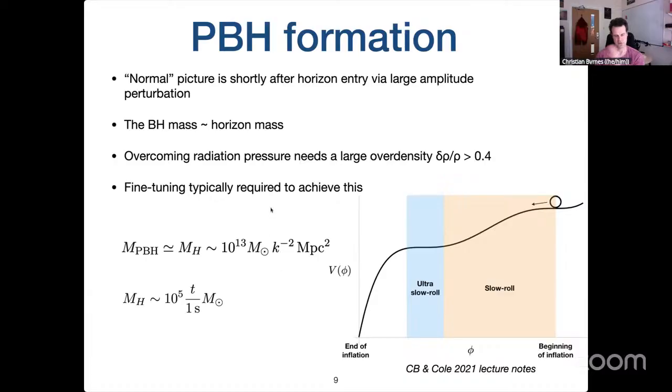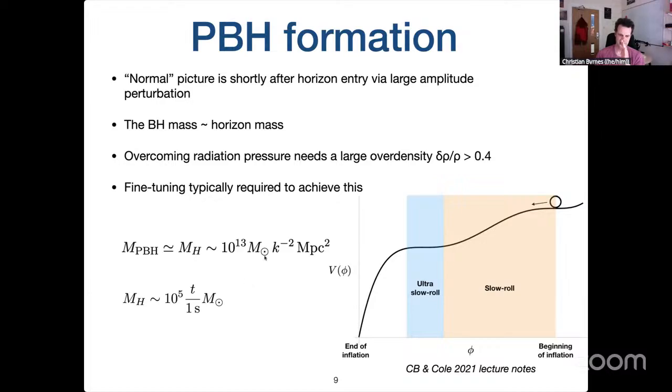What's nice though is if they do form, then there's a one-to-one relation, more or less. At any time in cosmology, there's a horizon scale, a corresponding horizon mass, a corresponding temperature, a Fourier scale, k, etc., and a time, and the black hole which forms will be of order the cosmological horizon mass.